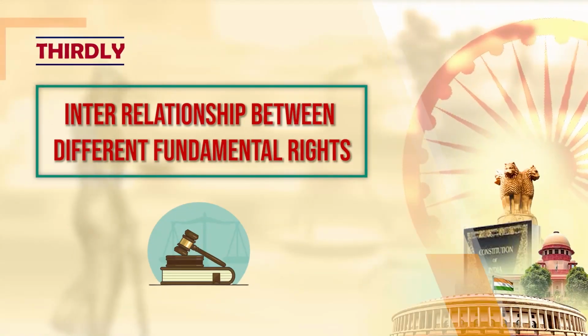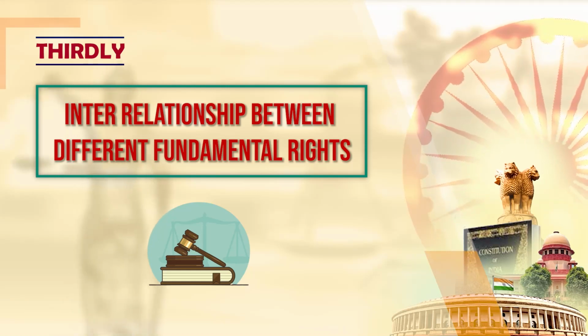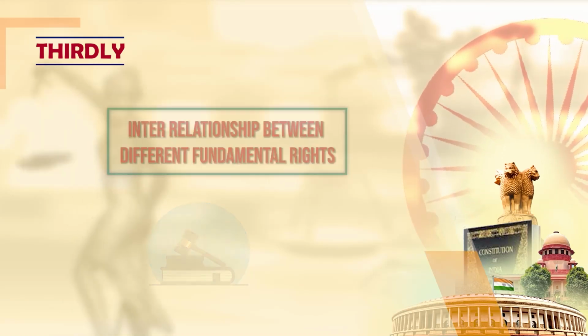Now, the third point, that is the interrelationship between different fundamental rights. Take for example, by invoking or keeping in view a constitutional requirement, a law is enacted or an administrative decision has been taken. So, obviously, it is absolutely fine with that particular fundamental right.